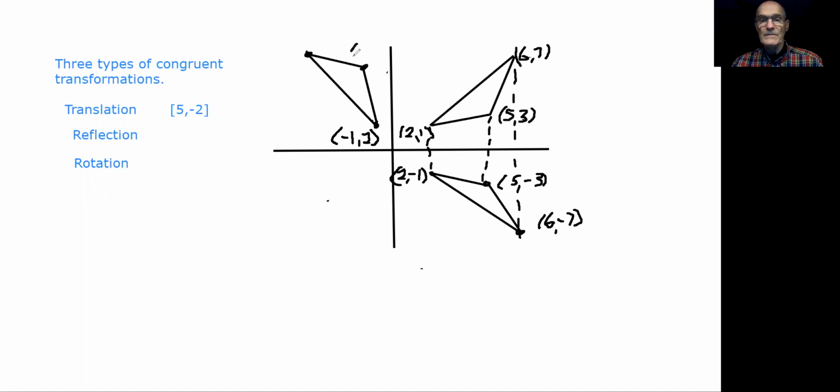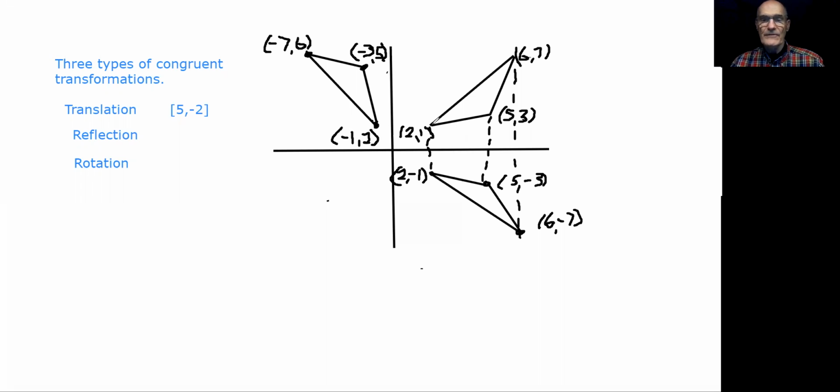So this point right here would be -3 and 5. And then this point right here would be -7 and 6. And that's the biggest thing when you start this rotation and reflection. You want to be able to tell exactly what's happening to the coordinates.